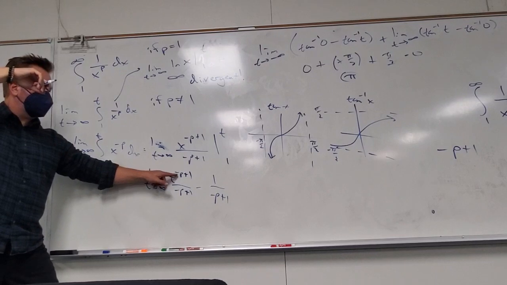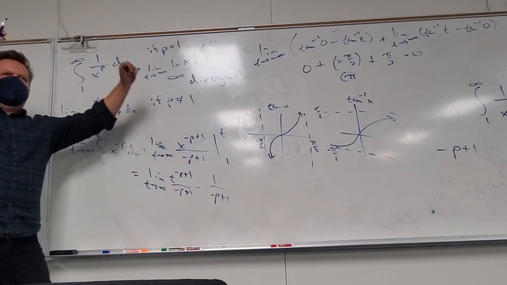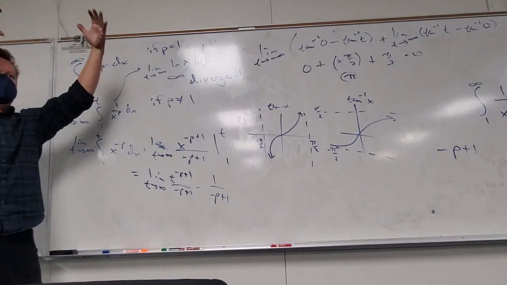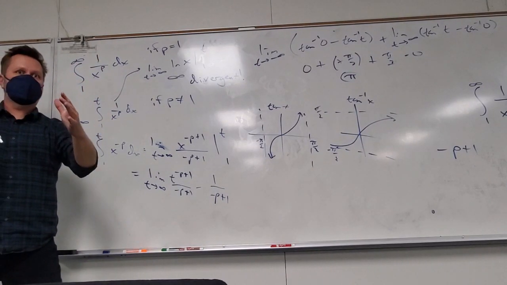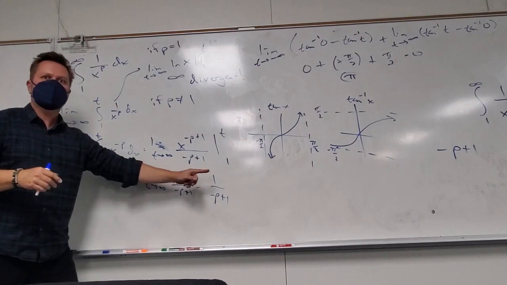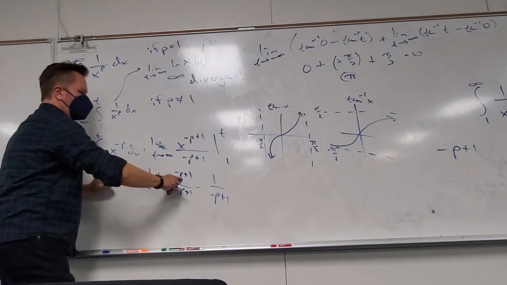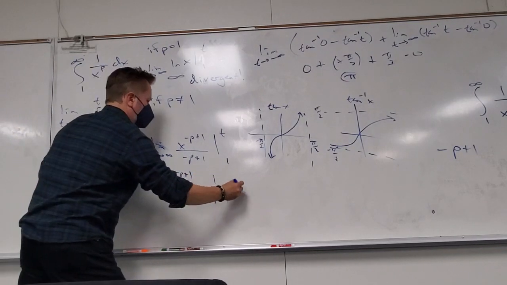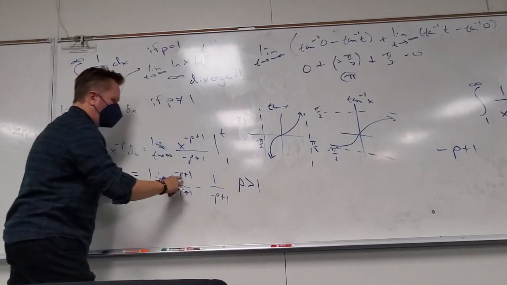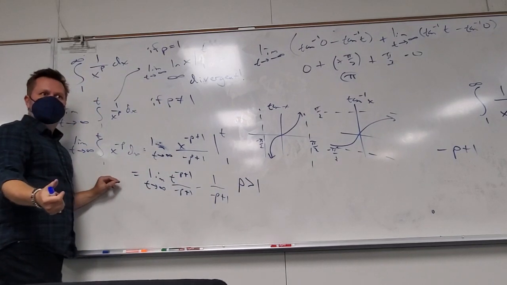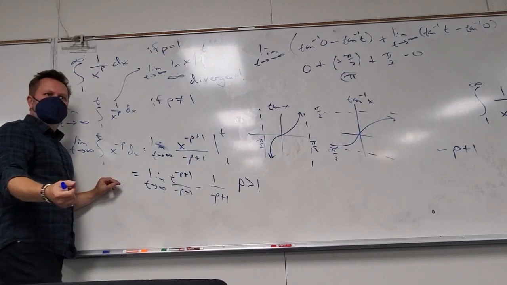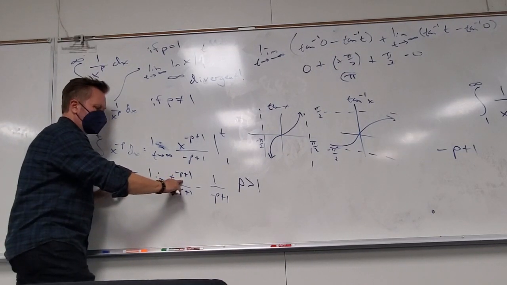If I have t to a negative power, that's going to be 1 over t. It's going to go to 0. It's going to converge to whatever this is. So in order for this to converge, p has to be greater than 1. It's the only way to make this power negative. Give me a number bigger than 1. 2.